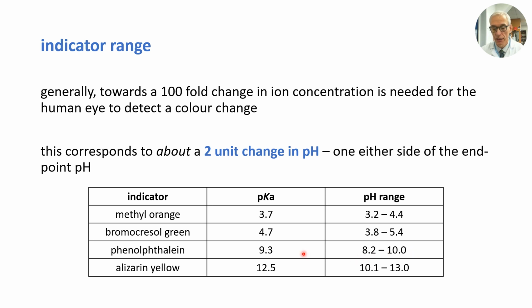So phenolphthalein, pKa 9.3, so endpoint pH 9.3, pH range 8.2 to 10, and then alizarin yellow, pKa 12.5, pH at endpoint 12.5, range 10.1 to 13.0. So indicator range is one above and one below the indicator endpoint pH, which corresponds to pKa. pKa and pH have the same value at the indicator endpoint.